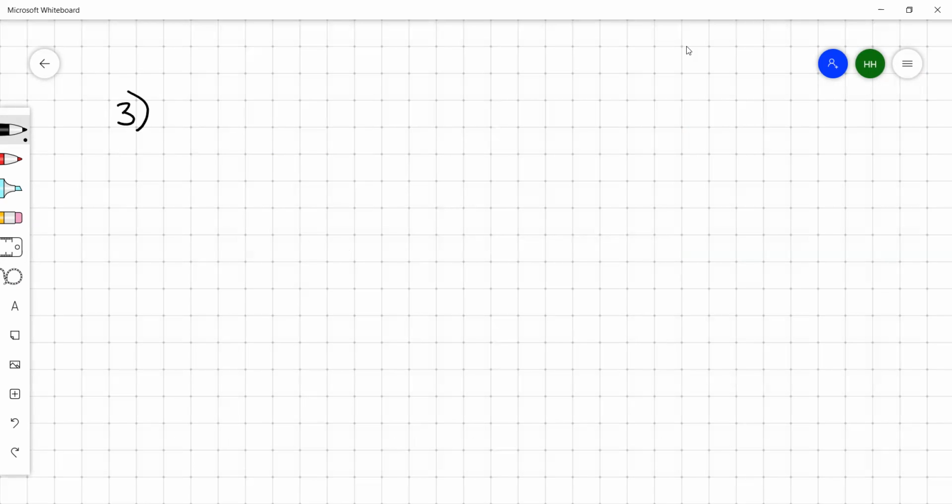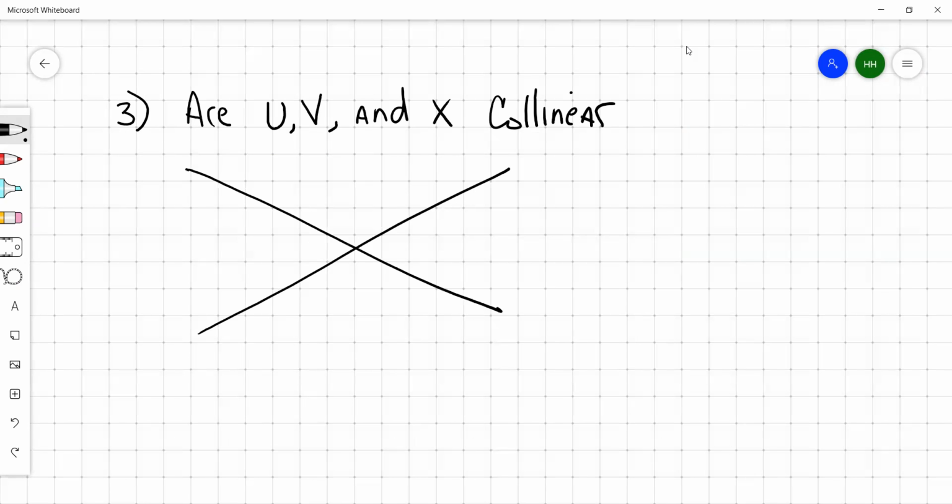Number 3 question is, are U, V, and X collinear? And then you've got this picture.